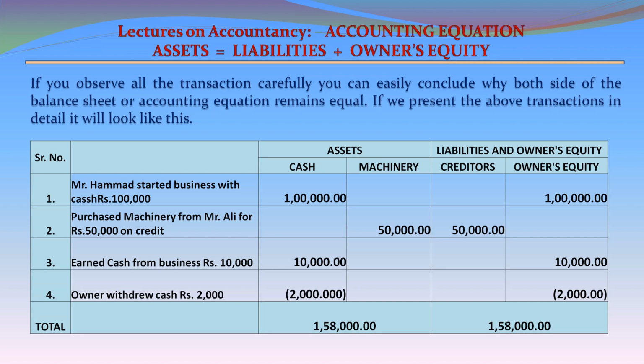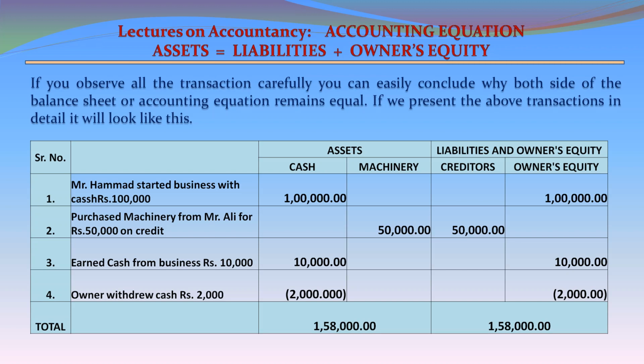Transaction 1: Mr. Hamad started business with cash 100,000. Cash 100,000 and owner's equity 100,000. Transaction 2: purchases machinery from Mr. Ali for 50,000 on credit. Machinery 50,000, creditors 50,000. Transaction 3: earned cash from business 10,000. Cash 10,000, owner's equity 10,000.